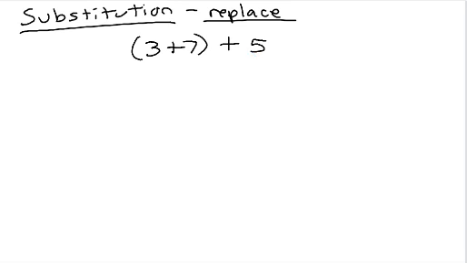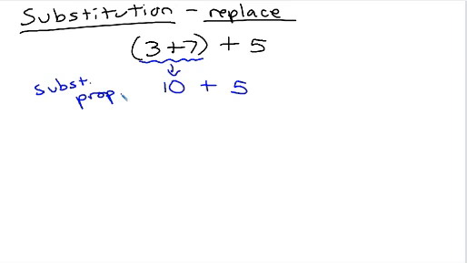So the fact that I can replace the 3 plus 7 with a 10, that is the substitution property. The substitution property says I can replace the 3 plus 7 with a 10. You just didn't know there was a property that said we could do that. Okay?